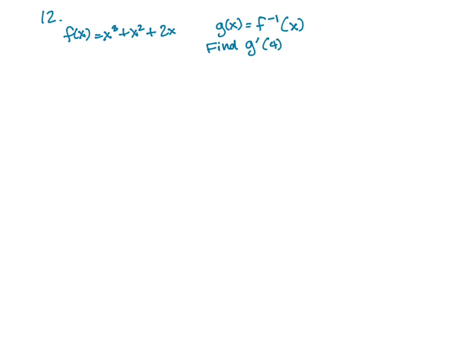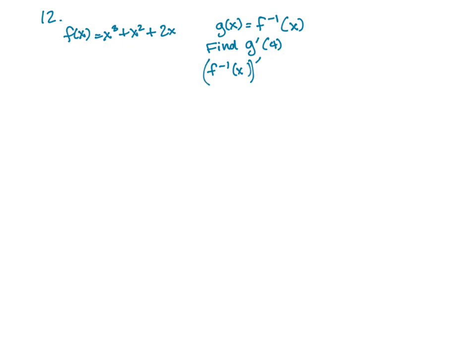Okay. So it says find g prime of 4, knowing that g is f inverse of x. So really what I'm trying to find is f inverse of 4 primed, or f inverse of x, because g of x is f inverse of x, right?